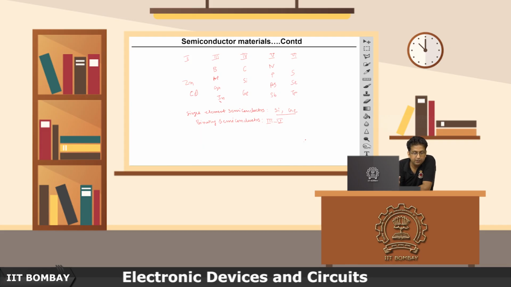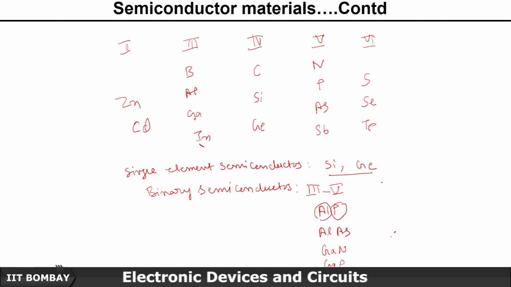Just to give you an example, aluminum phosphide, group 3 element and group 5 element. Aluminum arsenide, gallium nitride, gallium phosphide, group 3 elements and group 5 elements. So these are the binary semiconductors. Other combinations are also possible. For example, if I talk about binary semiconductors, 2-6.